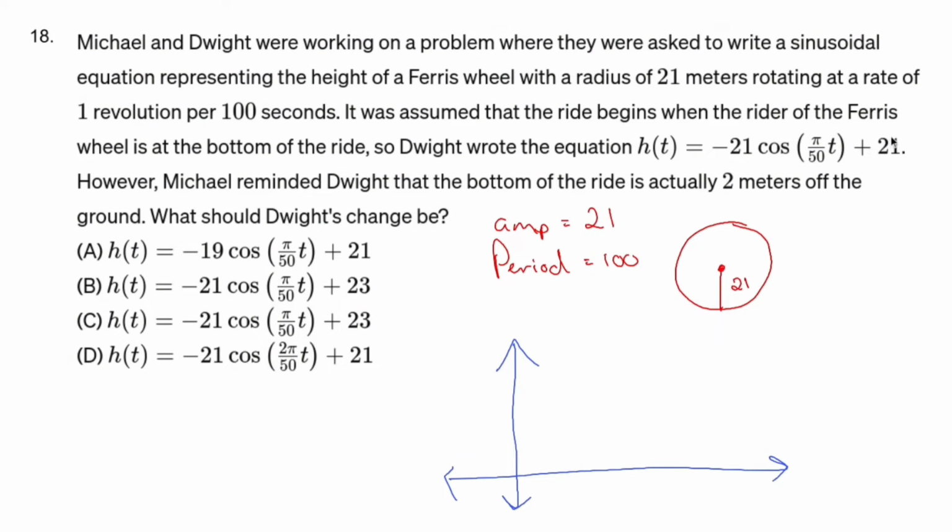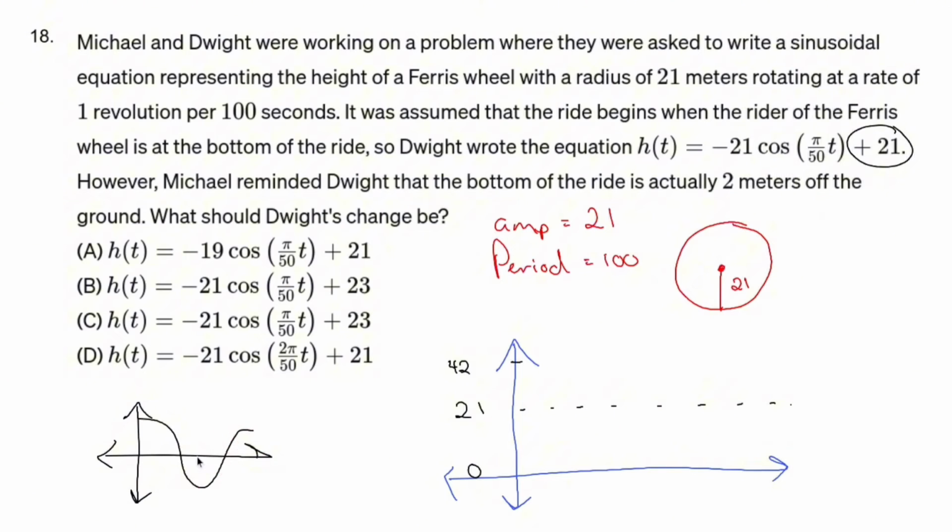All right, so midline 21. Negative 21 cosine gives us that amplitude of 21. So we're up here at 42, and down here at 0. Negative cosine is actually right here. If you're wondering why not sine or something like that, let's think it out.